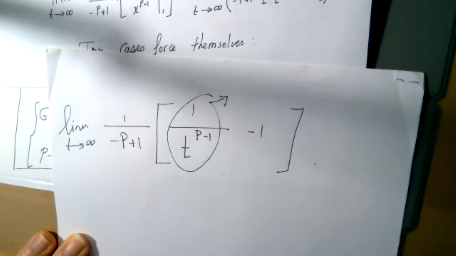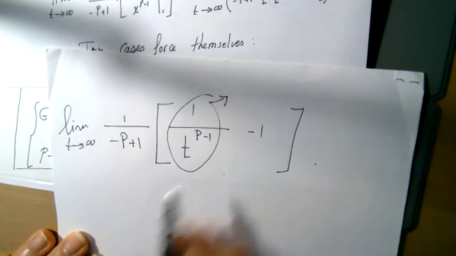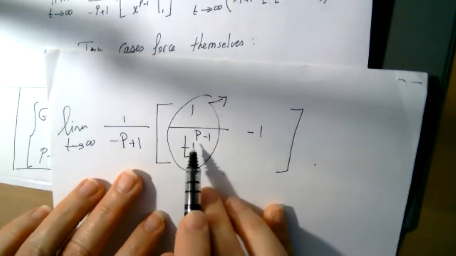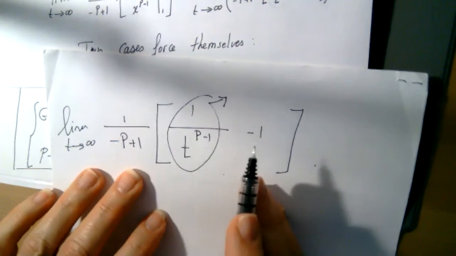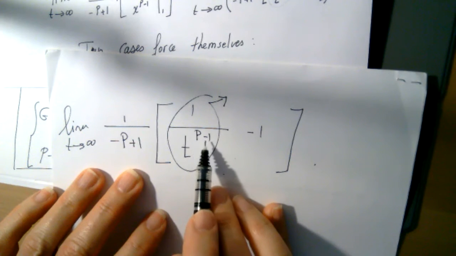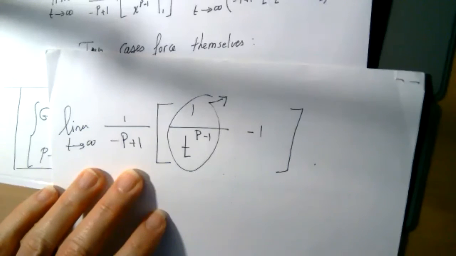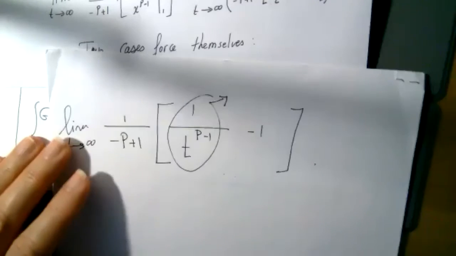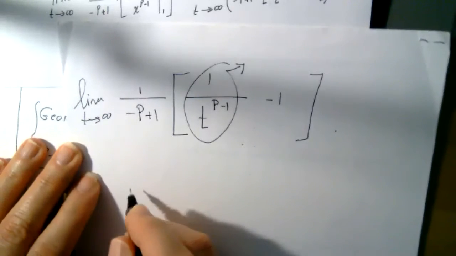And now we're getting to the point that it depends on what p is. And let us see why. Suppose I give you p equal to 2. Then this would be 2 minus 1, it's t, it will go to 0. Let us play a little bit of a game.